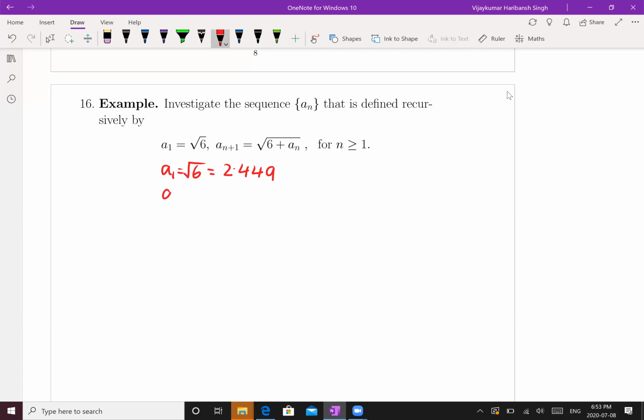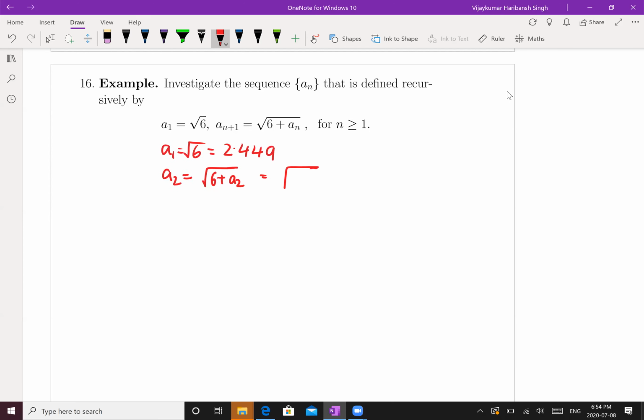What about A2? A2 is the square root of 6 plus A1, so this is going to be the square root of 6 plus square root of 6. Clearly this is going to be bigger, roughly 2.906.